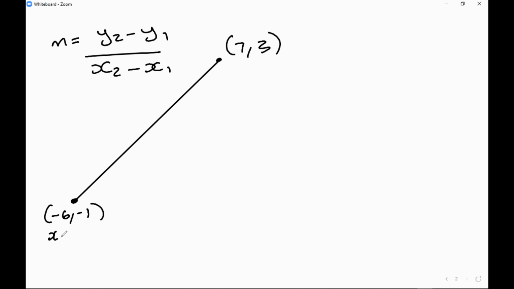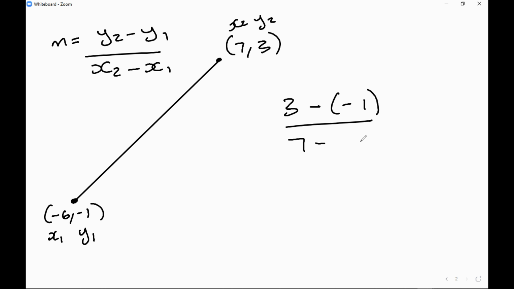So let's start at the bottom here. Let's call this x1, y1. And let's go to the top and we call this x2, y2. So y2 is 3, but y1 is a negative. So two negatives become a positive, which means this will actually become 4. And likewise with the x, it's 7 minus negative 6.